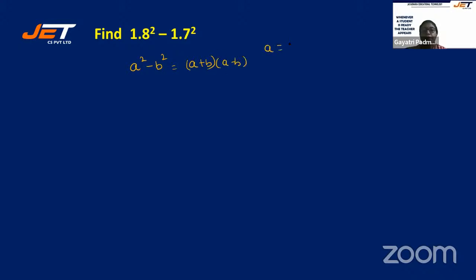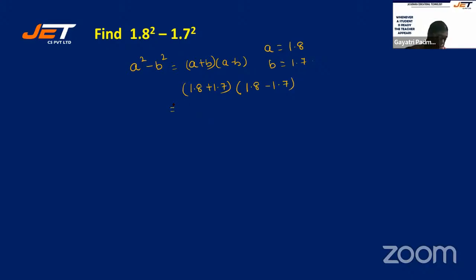So here you are assuming a to be 1.8 and b to be 1.7. Adding these two small decimal numbers is going to be very easy, isn't it? So what is a plus b? 1.8 plus 1.7, into a minus b, 1.8 minus 1.7.